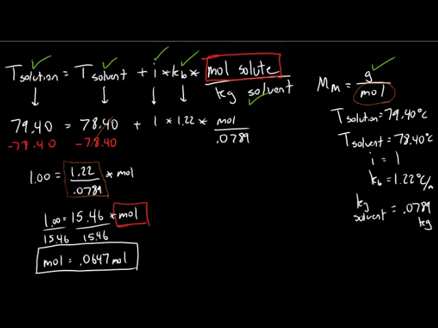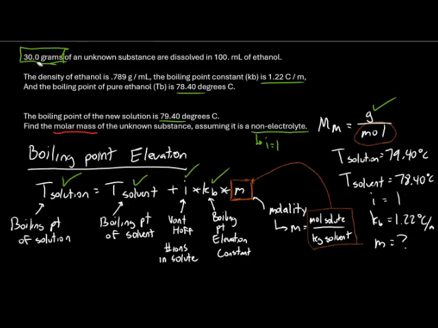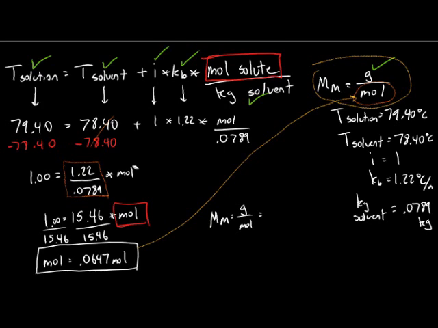Now let's revisit the equation we started with at the very beginning. We said molar mass was equal to grams over moles, and now, after quite a bit of algebra, we've got our moles, and that'll go in the bottom position. If we go back to the very beginning of the problem, notice in the first line I've boxed in 30 grams. That's going to go on top.